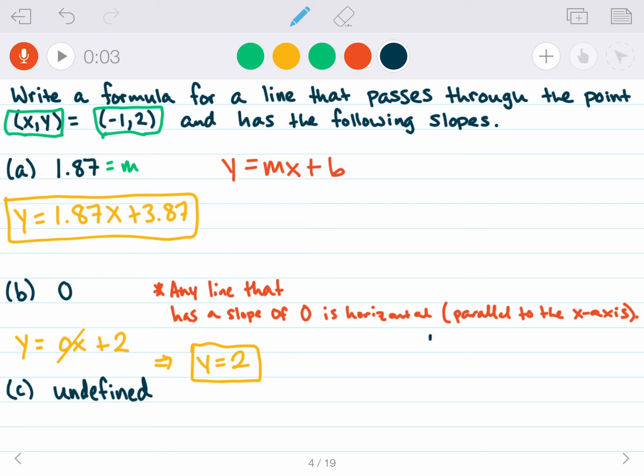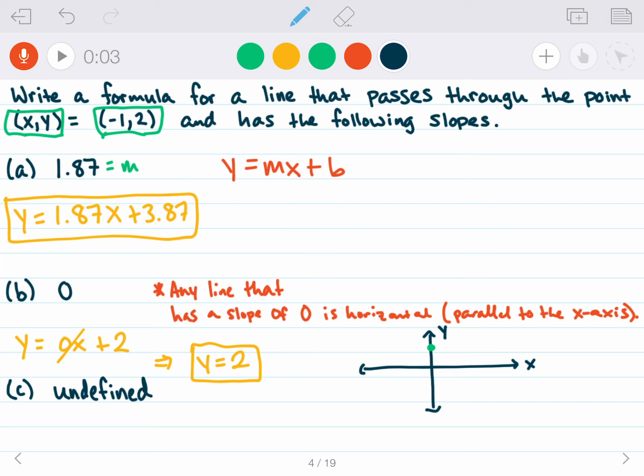So if I were to graph the line y equals 2, all we would do is simply go up to y equals 2, that's our y-intercept, and we would plot that point right there. And we can use the slope, rise over run.